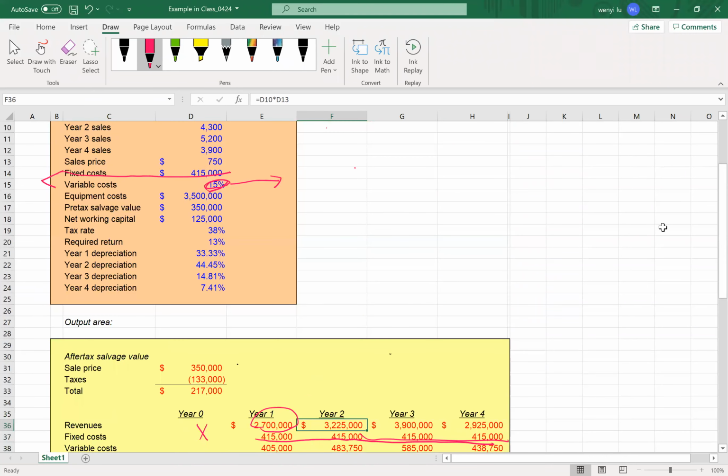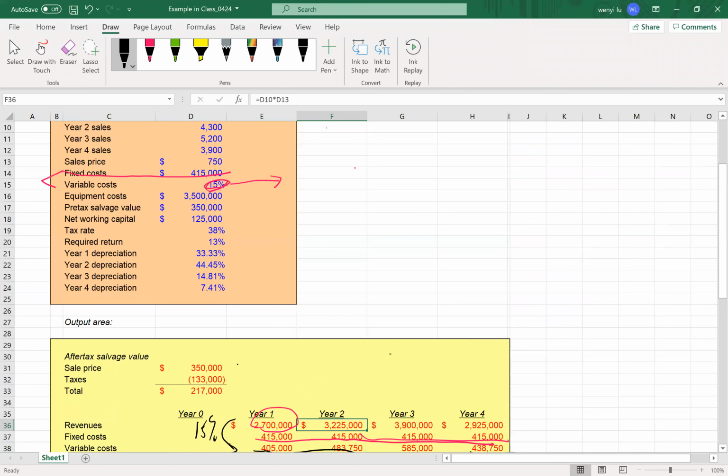You can see the variable cost row here comes from the 15% times the revenue.